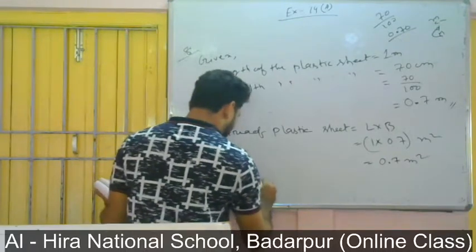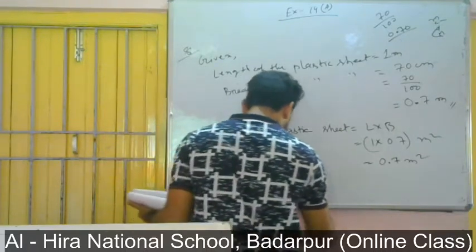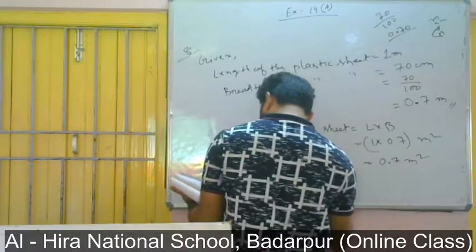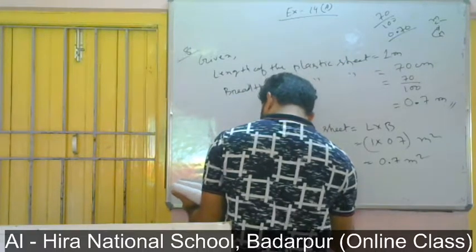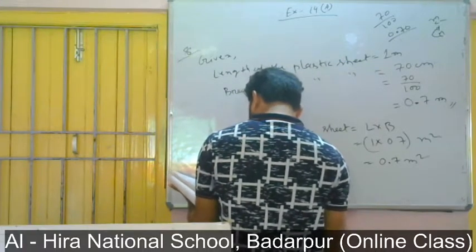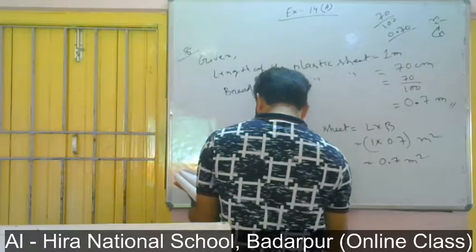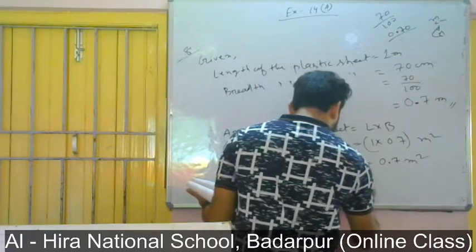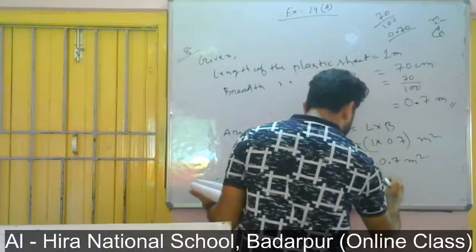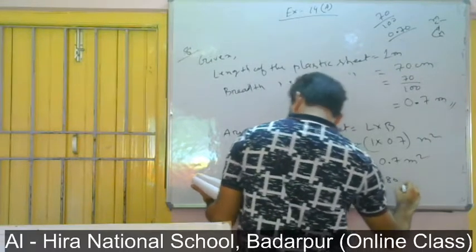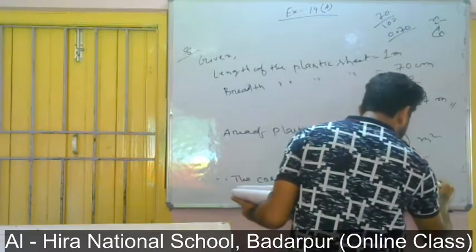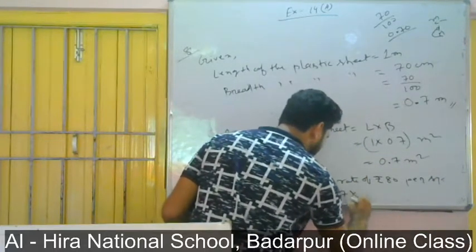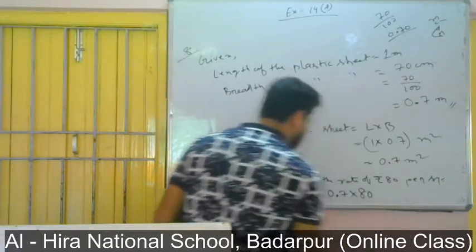Therefore, the cost at the rate of rupees 80 per square meter will be: if you multiply 0.7 into 80, then we will get the answer.